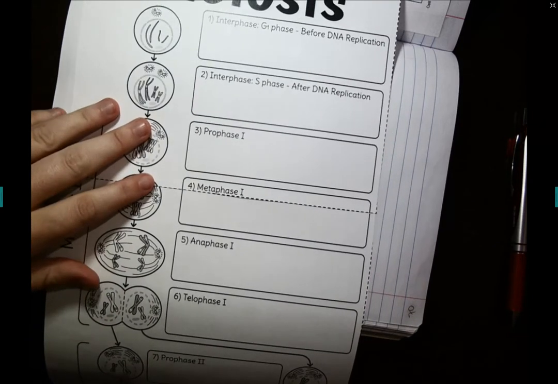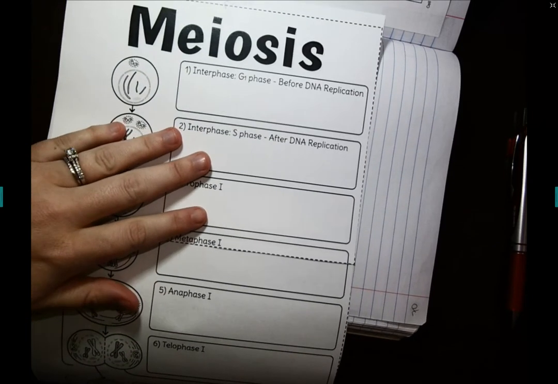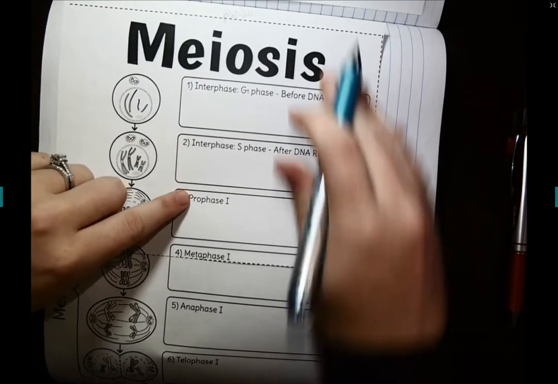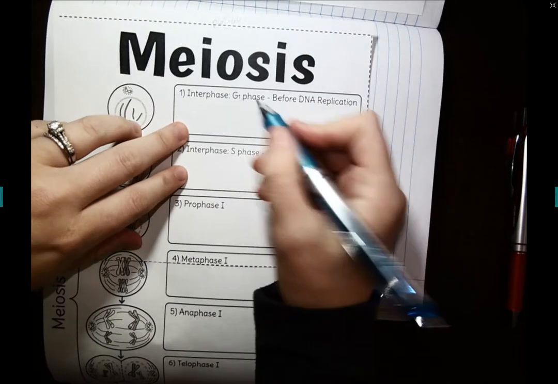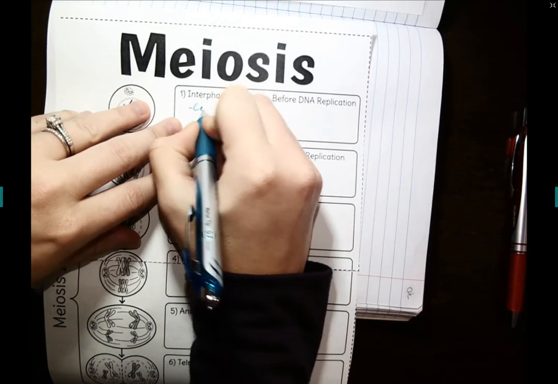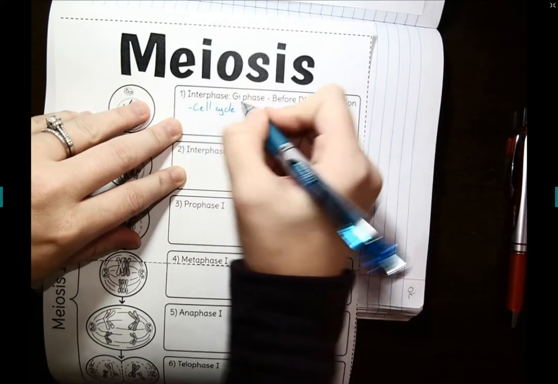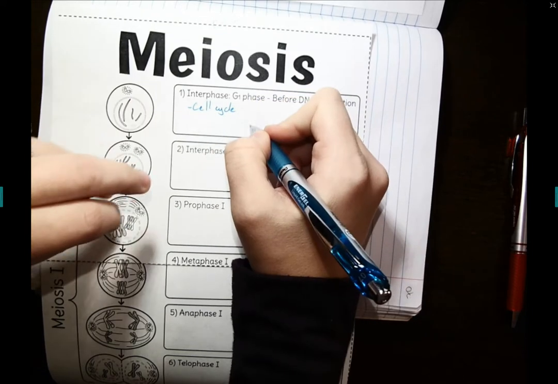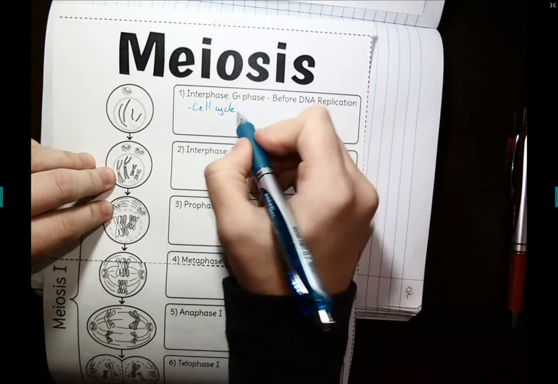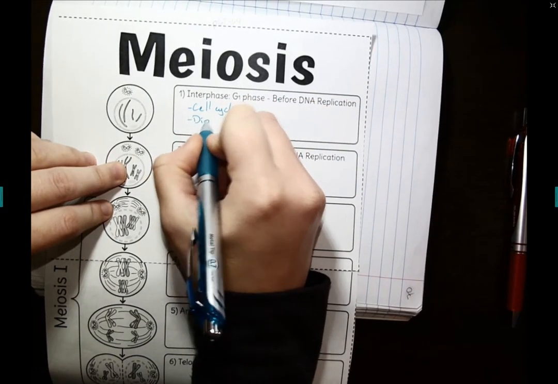Perfect. So starting in interphase, right? Before DNA replication, we're in G1. So this is part of the cell cycle where the cell is growing. The cell is diploid, right?